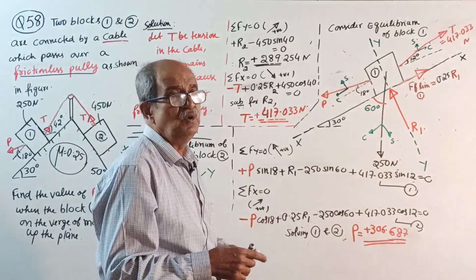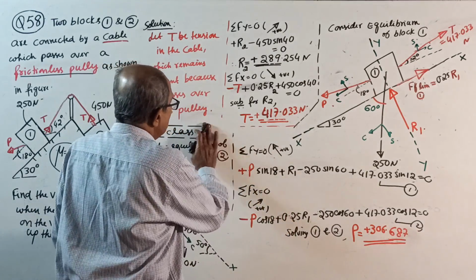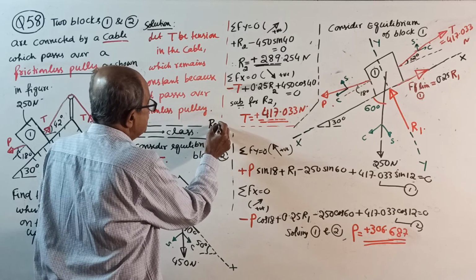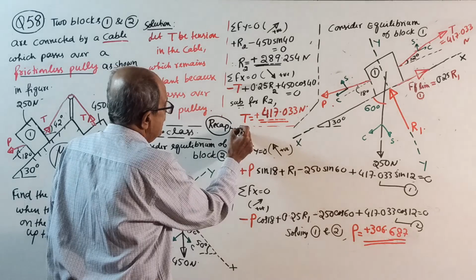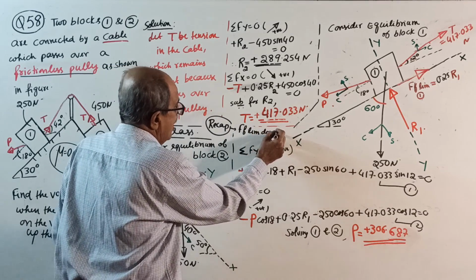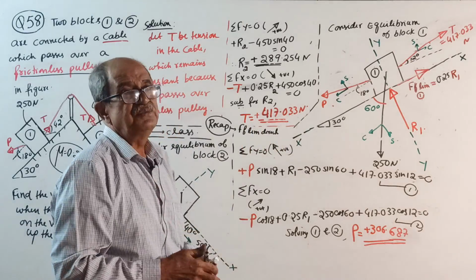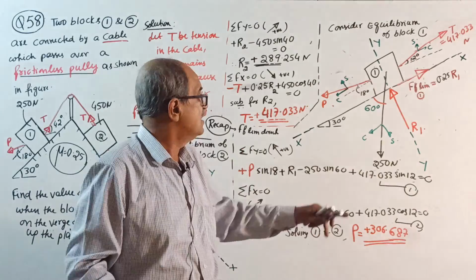Now what I will do is, some more questions are there. I will give one small recap for you now. See, recap regarding FF limit direction. That will be the last time I will tell, because from now onwards, I cannot explain the same thing.